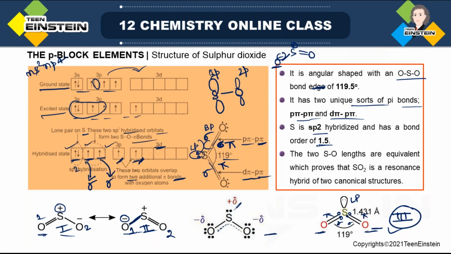All the structures have some contribution. The two S-O bond lengths are equivalent, and it proves that SO2 is a resonance hybrid of two canonical structures, 1 and 2.